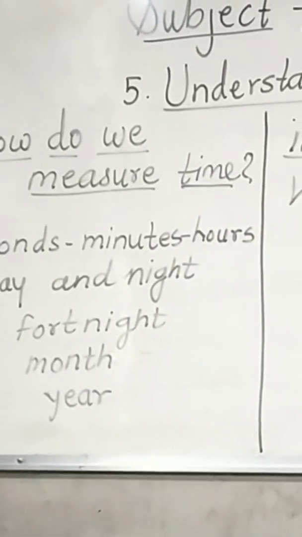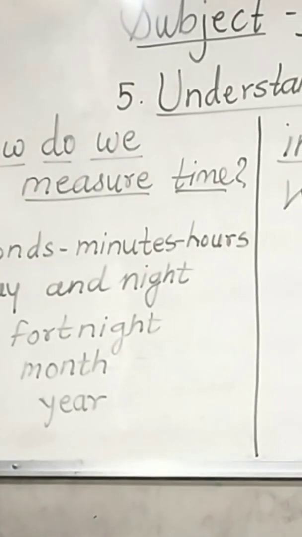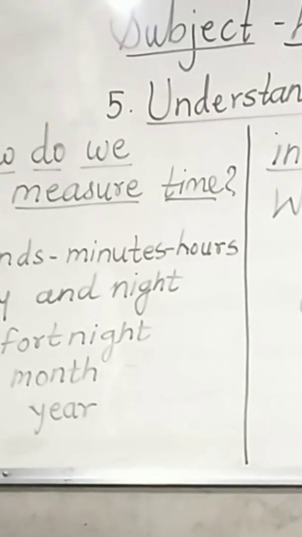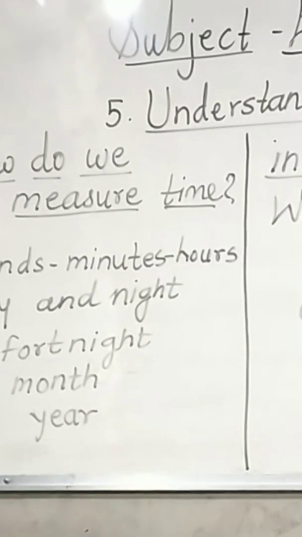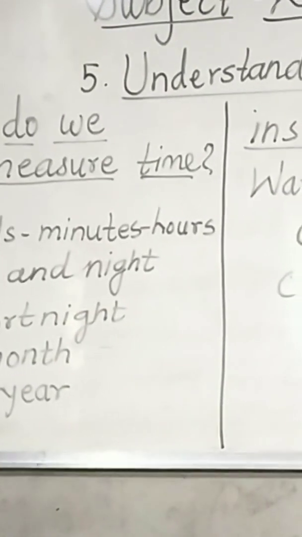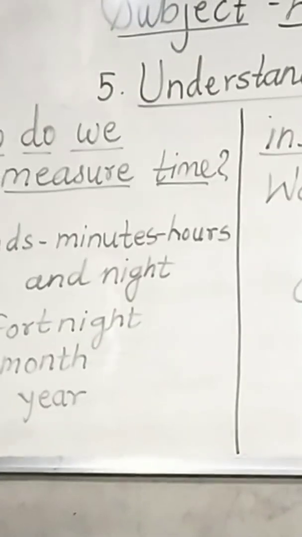Day and night also we use to tell about the time. Fortnight, we use fortnight to tell about the time. Then we use month, year. All these words we use when we want to tell about the time.